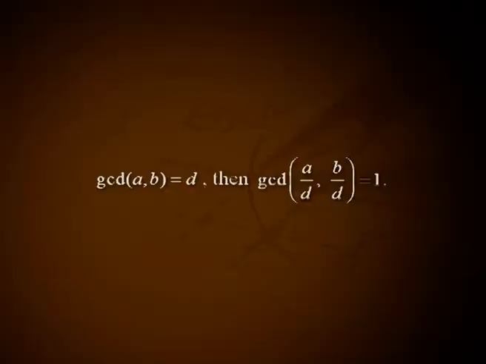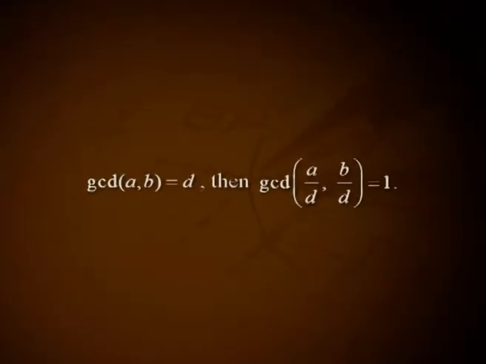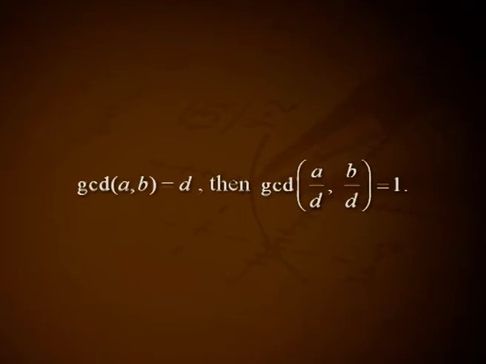Corollary. If GCD(a, b) = d, then GCD(a/d, b/d) = 1. Proof. First, we observe that although a/d and b/d have the appearance of fractions, in fact, they are integers because d is a divisor both of a and of b.